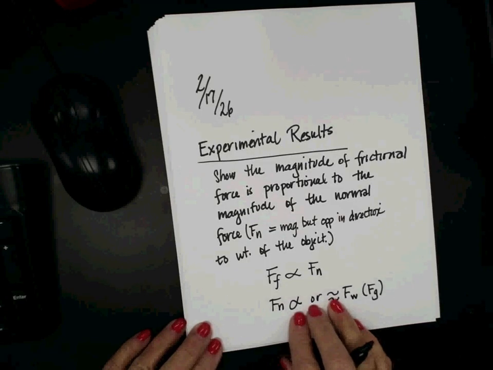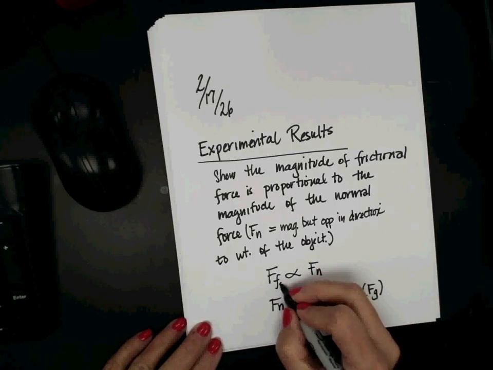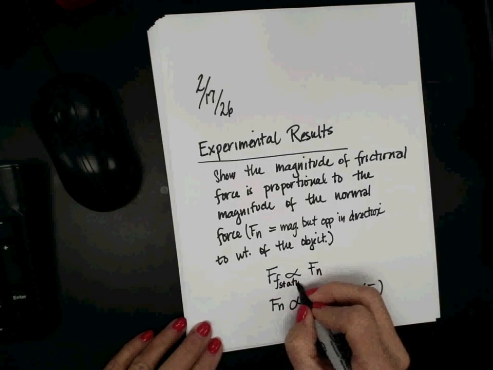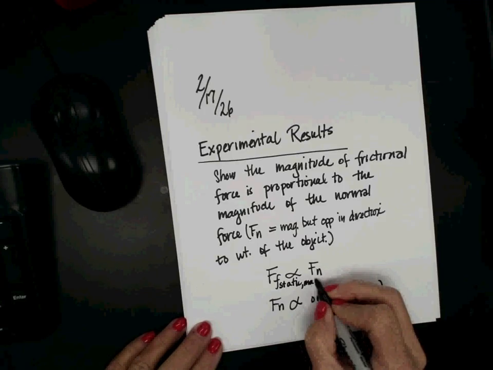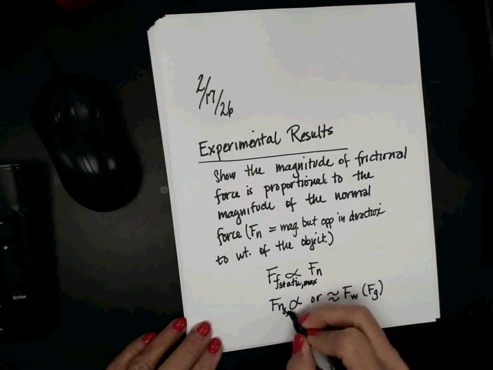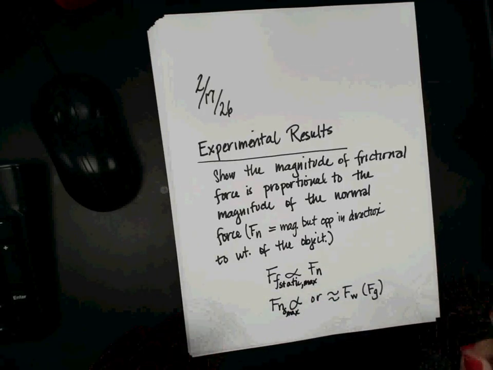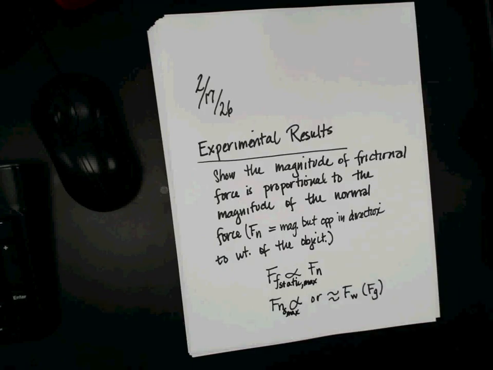And when we're talking about this, we would actually be talking about static friction max here, and this is Fs max as well, because we're comparing the normal force to the frictional force as the object is stationary.